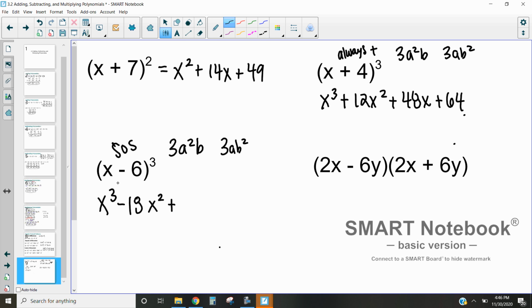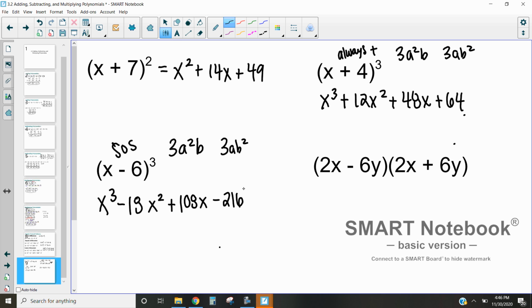And so our b squared is 36, and then 36 times 3 is going to give us 108. So we end up with 108x. And then lastly, we get that 6 cubed, which gives us a minus 216 because it's going to be the same as the sign in the middle.